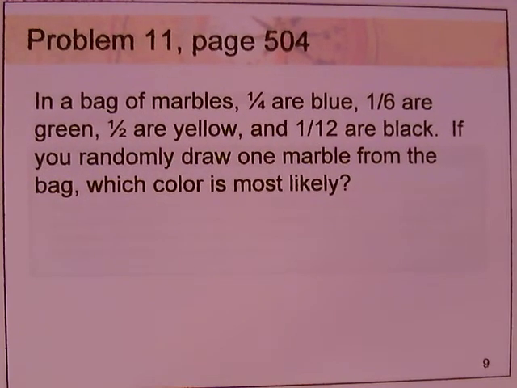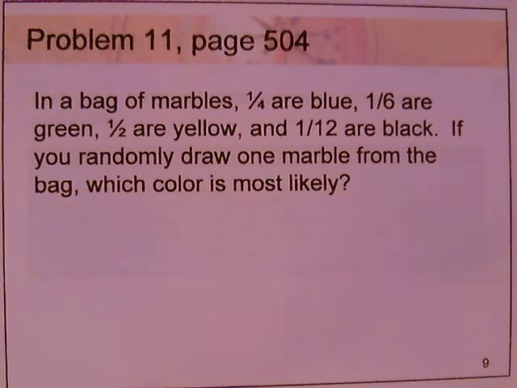Now this is in your book on page 504, problem number 11. It says here, in a bag of marbles, 1/4 are blue, 1/6 are green, 1/2 are yellow, and 1/12 are black. If you randomly draw one marble from the bag, which color is most likely?